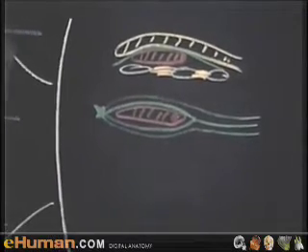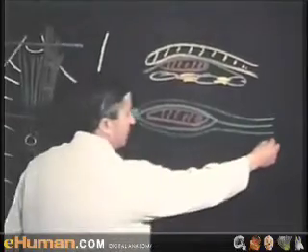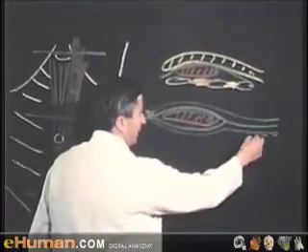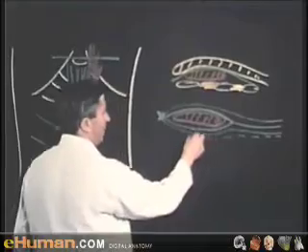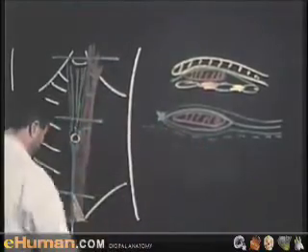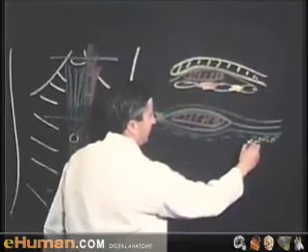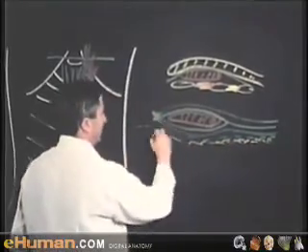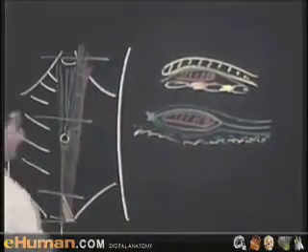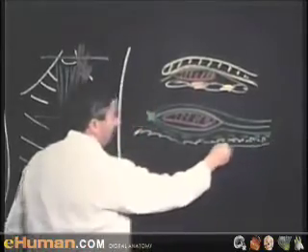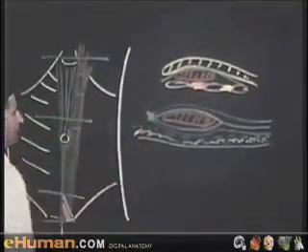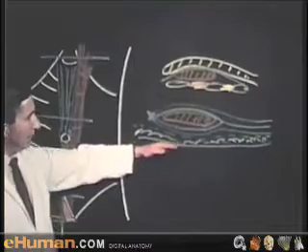Now we can indicate, and I'll do this in an interrupted line, the position of the fascia transversalis, and then I will show the extraperitoneal fat in this manner, and finally the peritoneum coming across and lying behind.